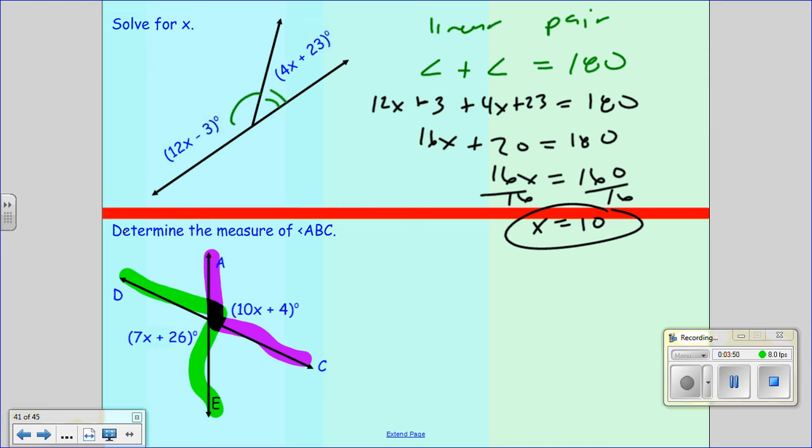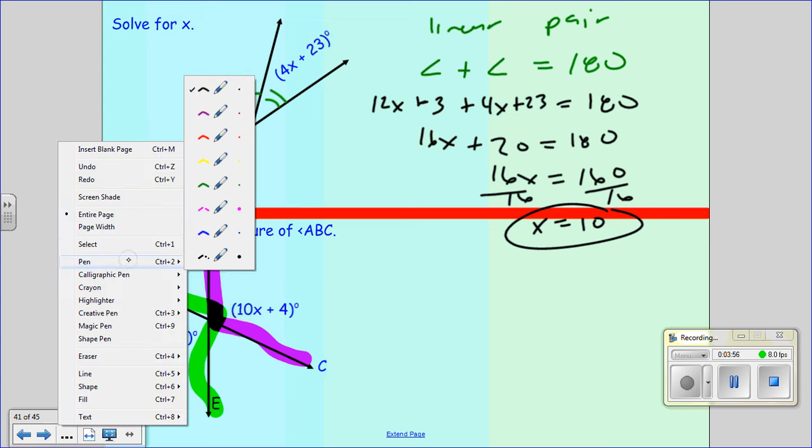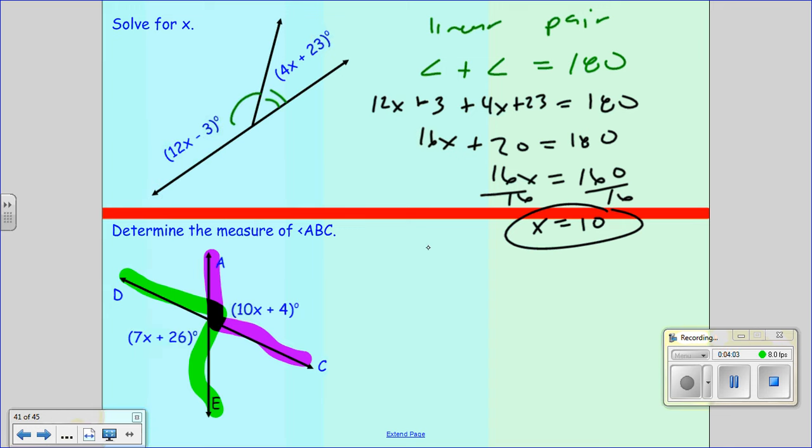They're formed by straight lines, and they share the vertex only. So that means this is a pair of vertical angles. And since it's a pair of vertical angles, we know that they are congruent. So this would be a scenario where we have angle equal to angle.